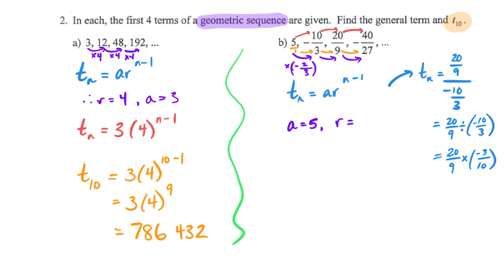I would hope that we would do a little cross-reducing. You take a peek at it and you notice that 10 and 20, I could divide out a common factor of 10. My 3 and 9, I could divide out a common factor of 3. And so now when I multiply those together, I have my 2 times my -1 over my 3 times my 1, and I calculate my R value. As I mentioned, either way is okay.